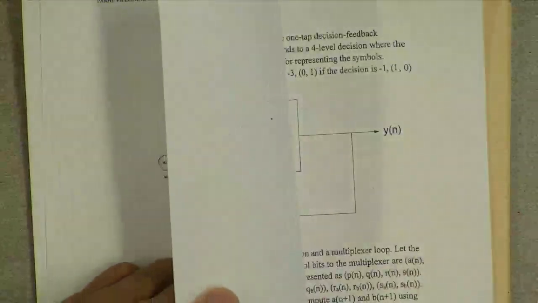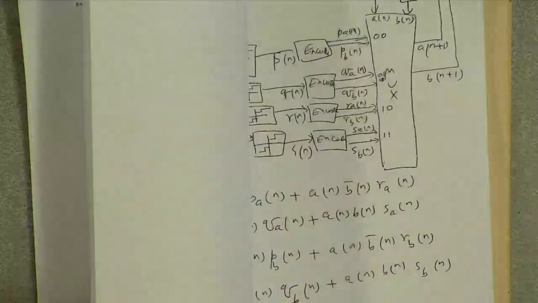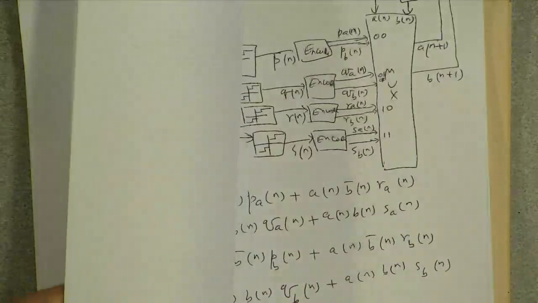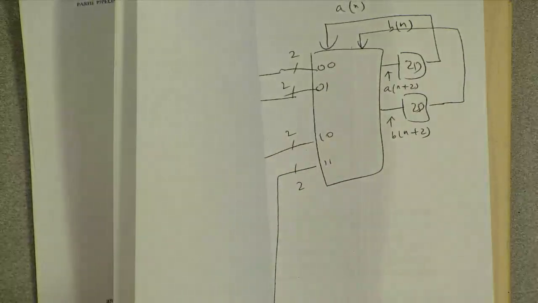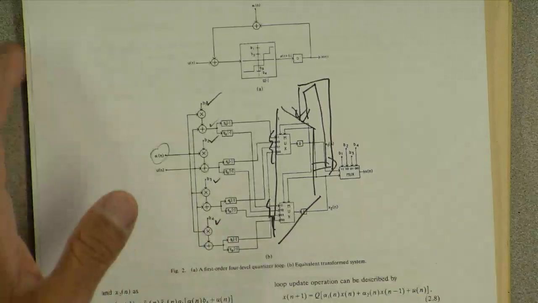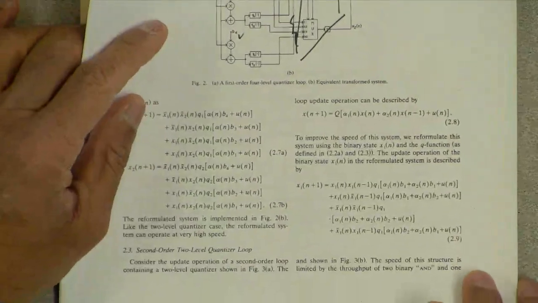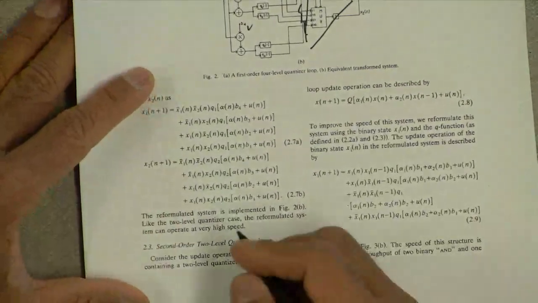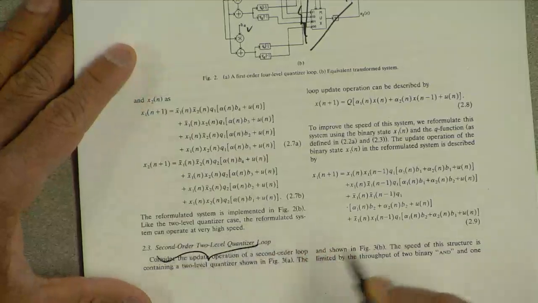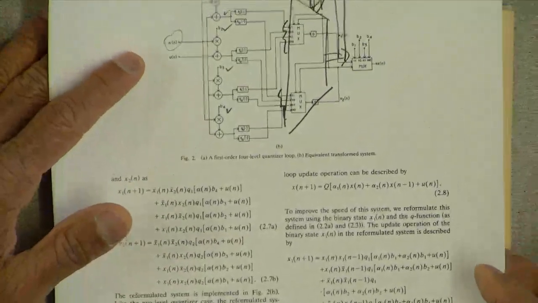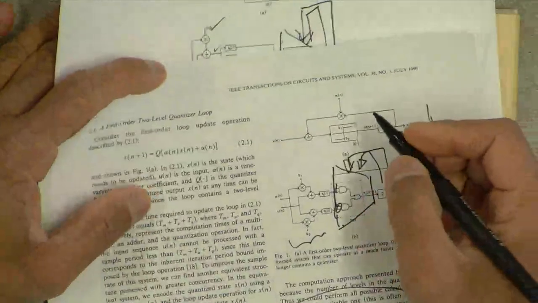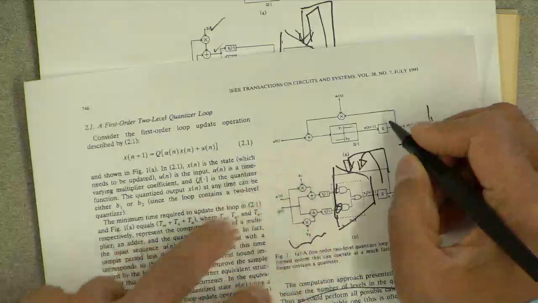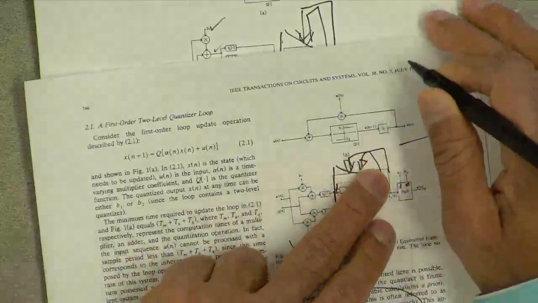So let me just see if I can walk through. There's a whole idea of second order. Okay, let's take a quick look here. So the second order 2-level. What that means is, if I go back to that previous diagram, think about this as nothing but a second order IIR loop.